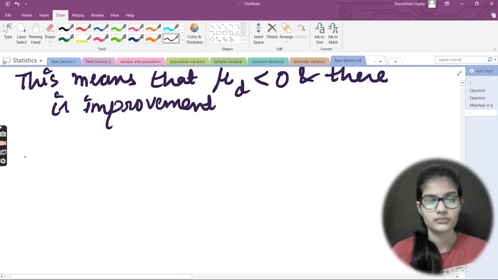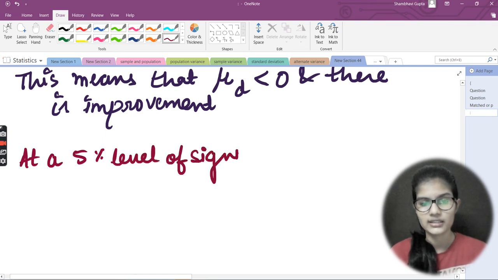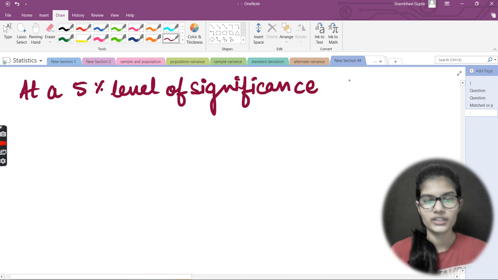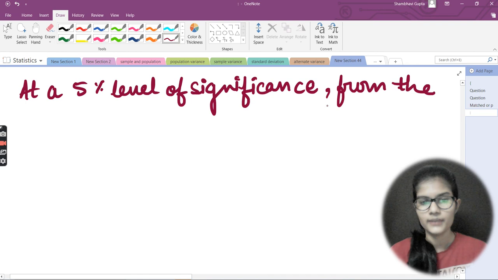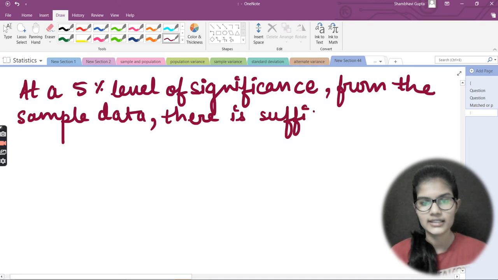Let's write that down. At a 5% level of significance, from the sample data, there is sufficient evidence.